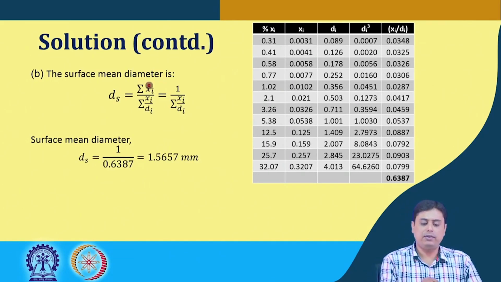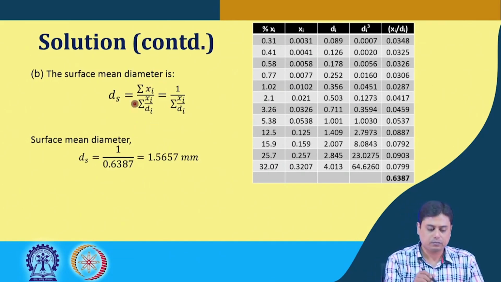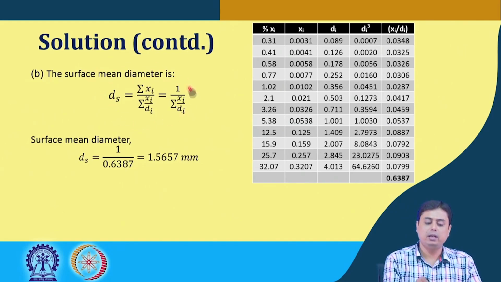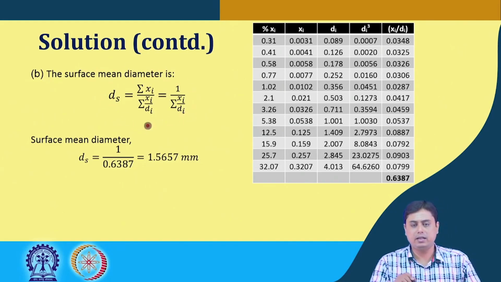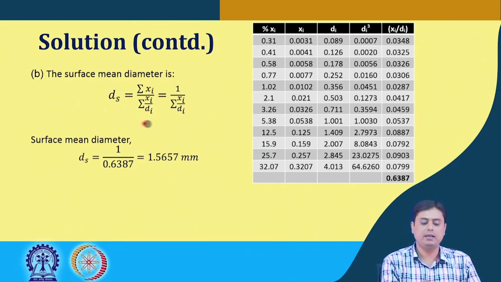Similarly, for the surface mean diameter we have this expression. Remember again, surface mean diameter and mean surface diameter have different expressions. Here it is the surface mean diameter, or the Sauter diameter, where we need the summation of x_i by d_i.